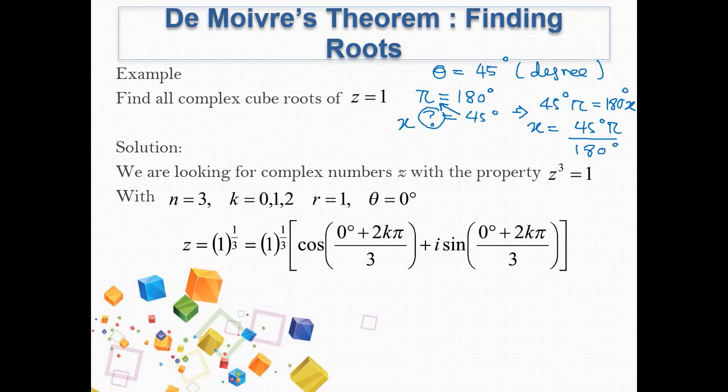The degree with degree here will vanish your unit, so there is no more degree unit here. What you have here is only your answer in pi. This is equivalent to 1 over 4 pi. Now your answer is in radian. So 45 degree is equivalent to pi over 4 radian.